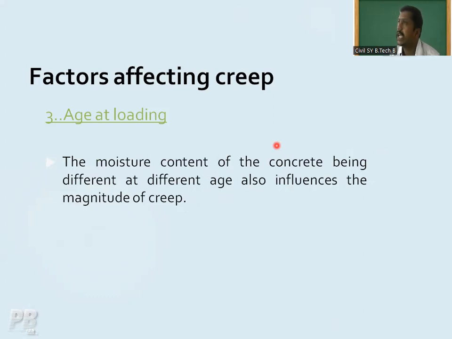Correct? In winter, the temperature is around 20 to 25 degrees or less than 20 degrees, 10 degrees, 5 degrees. If you take the northern part of India, like Delhi and all that, Jammu Kashmir, the temperature goes beyond 0 degrees. Temperature goes beyond 5 degrees centigrade.